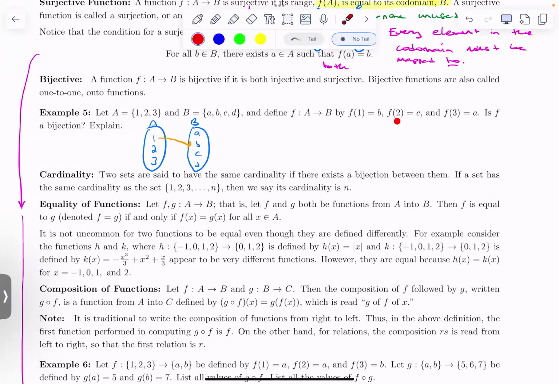If I give it an input of 2, I get an output of c. If I give it an input of 3, I get an output of a. Is it a bijection? No. What about one-to-one?